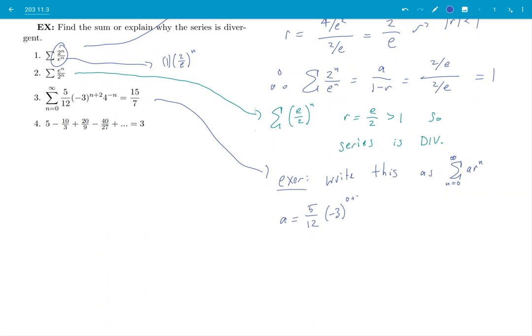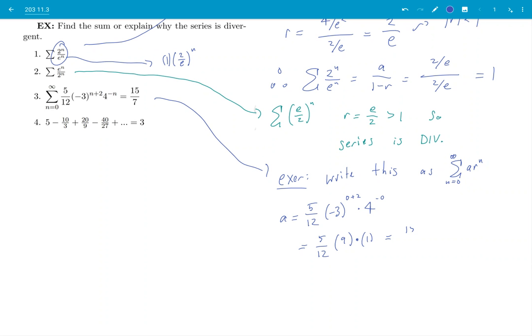So 0 plus 2, 4 to the negative 0. So we get 5 over 12 times 9 times 1, which is 15 over 4.